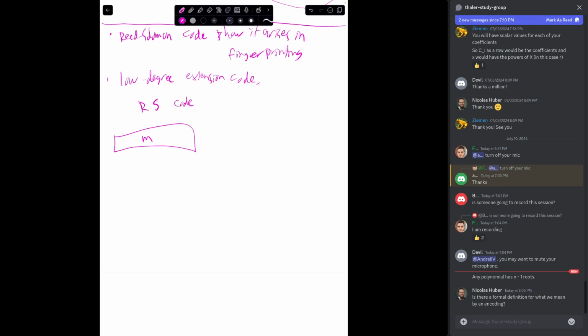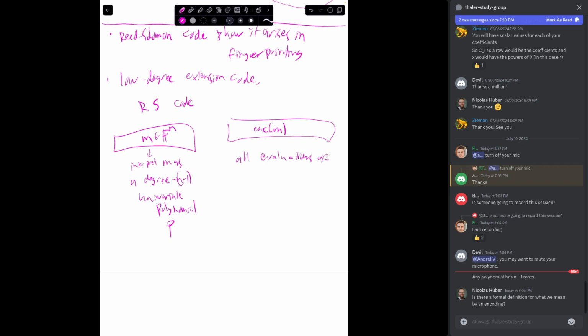Somehow you interpret M, say M is in the field to the n, as a degree n-1 univariate polynomial P. And then the encoding of M is just all evaluations of P over some specified domain.